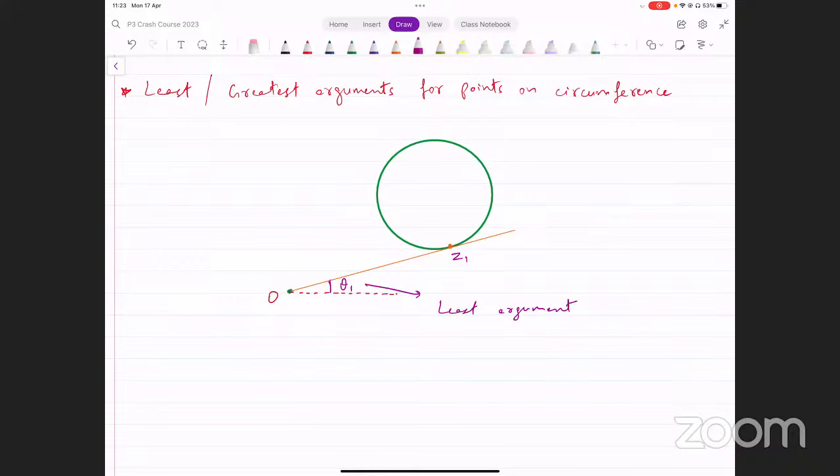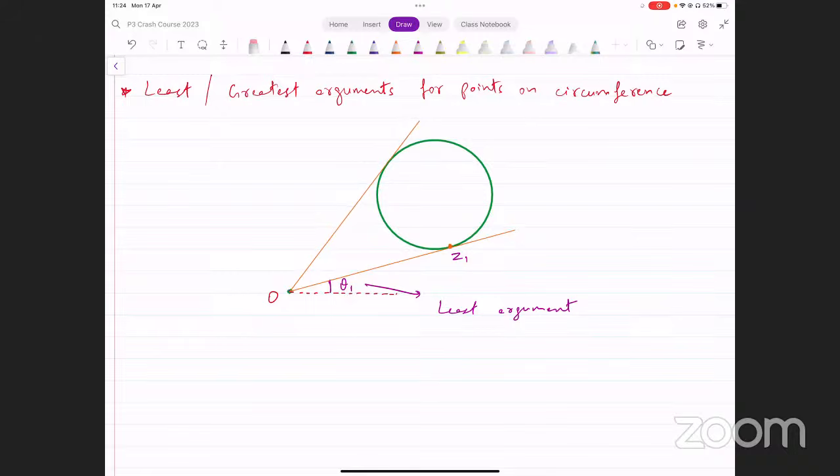So whenever you're looking for the least argument for the points on a circumference, it's going to come using a tangent like this. Similarly, what about the greatest argument? For the greatest argument, again, you could have a line coming from the origin. And how can you keep increasing the angle? You can keep increasing the angle like this, such that you go on the other side here, and you get a tangent on the other side of the circle like this.